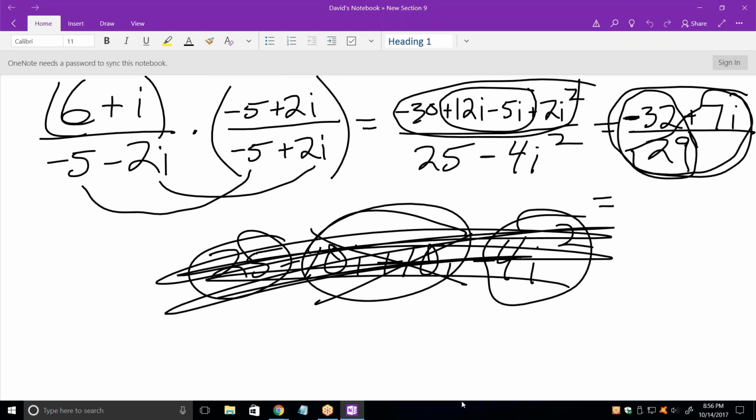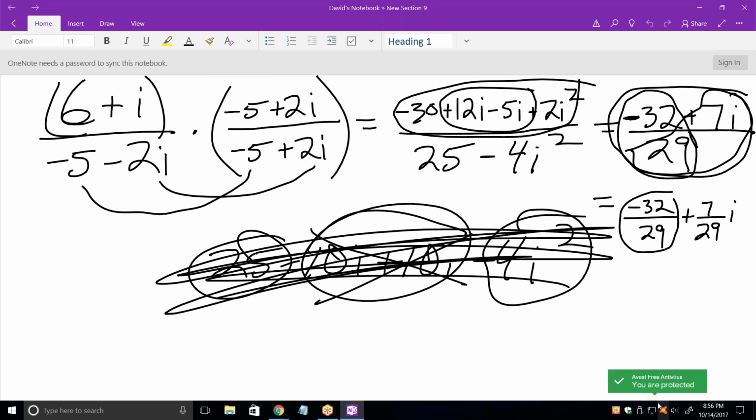So we have negative 32 over 29 plus 7i over 29, right? Do not drop negative signs. And then the i goes there. So that's a. That's b. And there's your i.